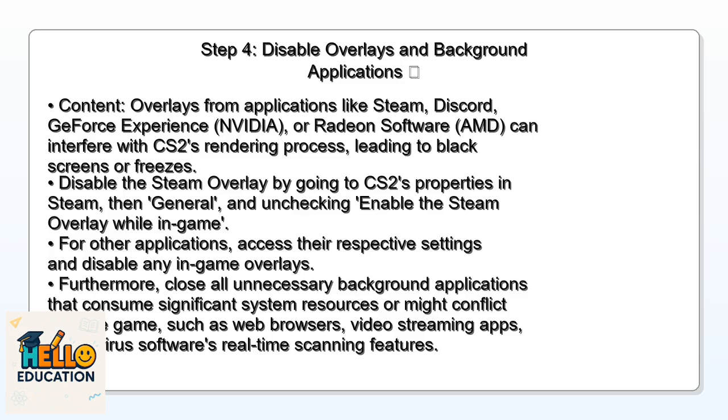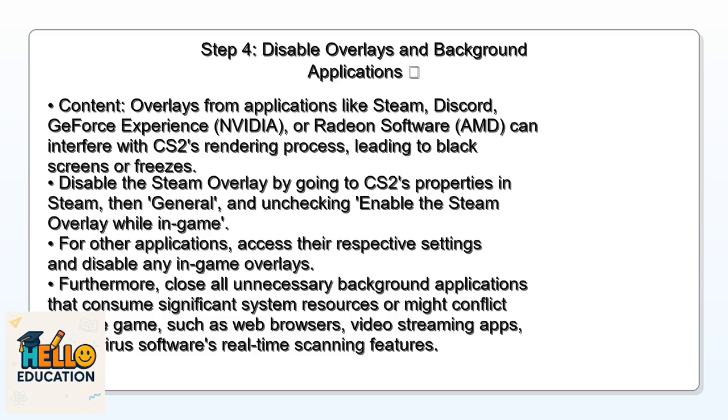Step four: disable overlays and background applications. Overlays from applications like Steam, Discord, GeForce Experience, NVIDIA or Radeon software can interfere with the game's rendering process, leading to black screens or freezes. Disable the Steam overlay by going to the game's Properties in Steam, then the General tab, and unchecking Enable the Steam overlay while in-game.